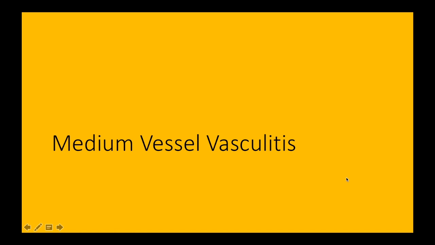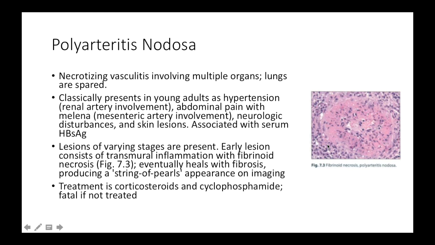Okay, so now on to our medium vessel vasculitides. Here we have 3. You see our numbers going up. We had 2, now we have 3. Starting with polyarteritis nodosa. This is a necrotizing vasculitis that involves multiple organs, except the lungs.